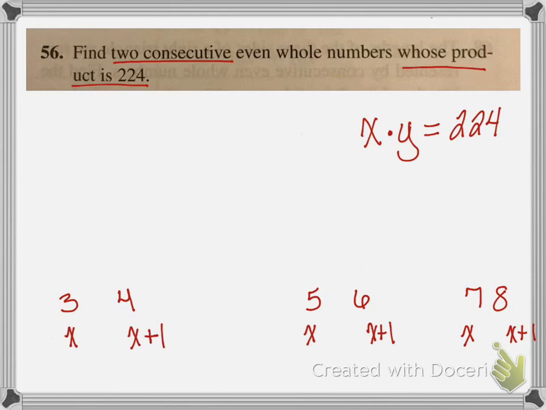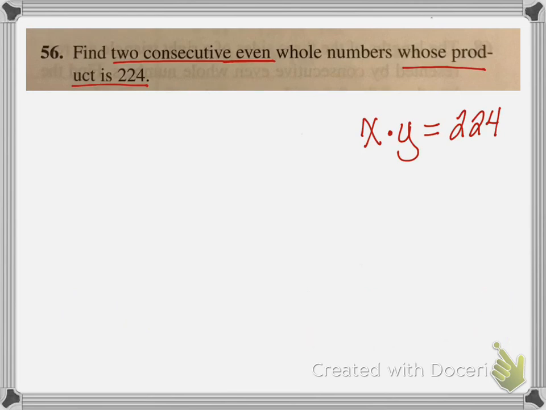Now I am saying even. So I want you to tell me some consecutive even numbers. 2 and 4. 4 and 6. 6 and 8. Okay? So if I labeled 2 as X, what would I label 4? X plus 2. Excellent.